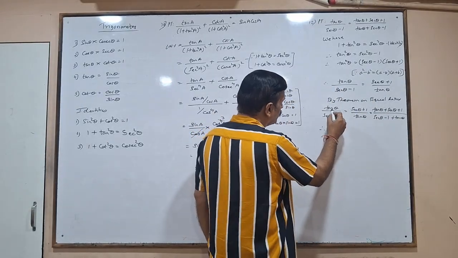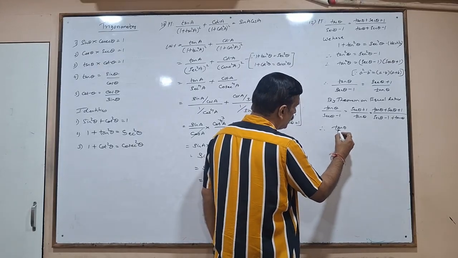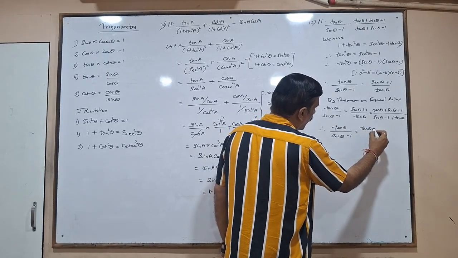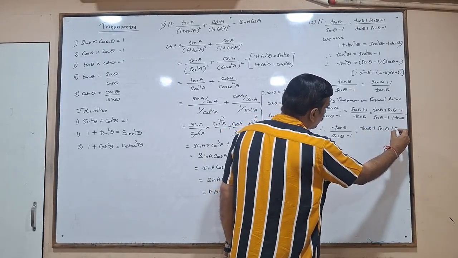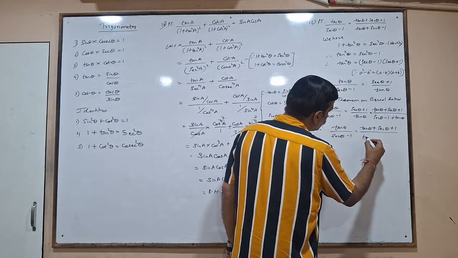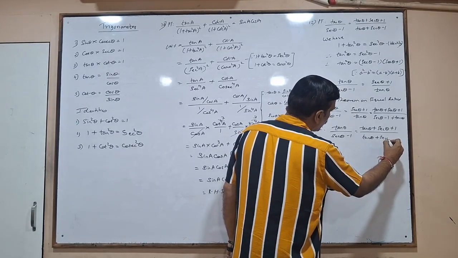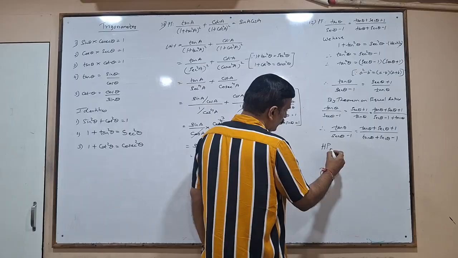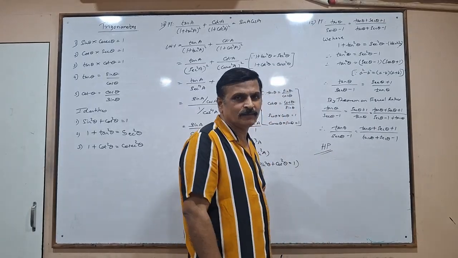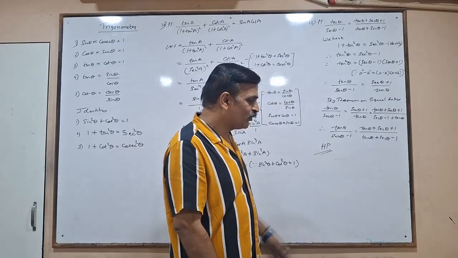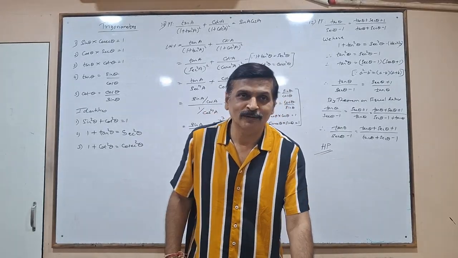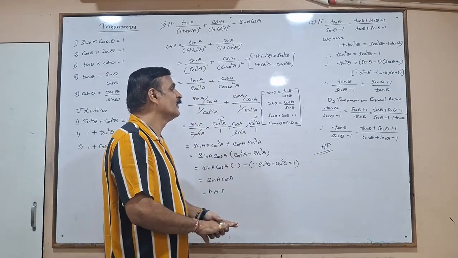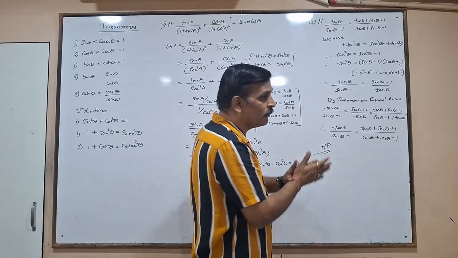So this will come as it is, the LHS of our question will be tan plus sec plus 1 upon tan plus sec minus 1. Very important. That's the way I address it. Actually, it is hence proved. Just to remember, I normally say it as very important. So that's the way we solve this problem.